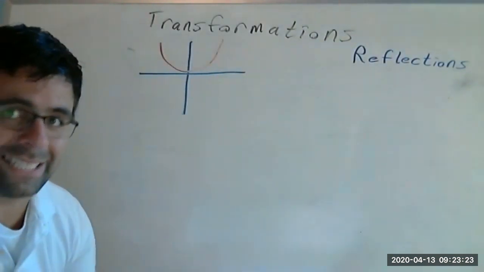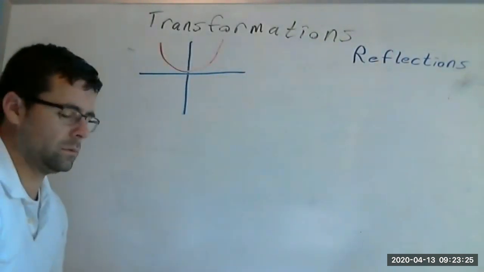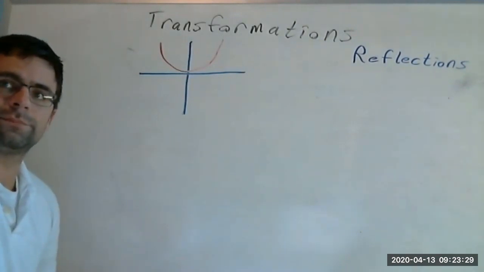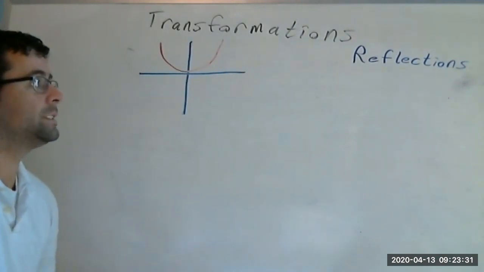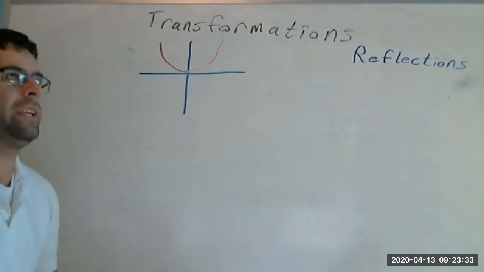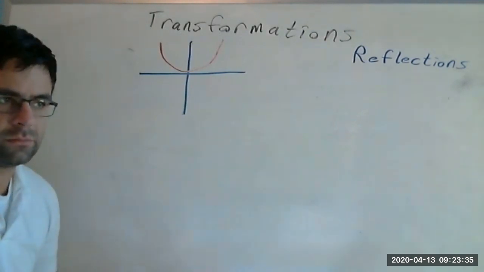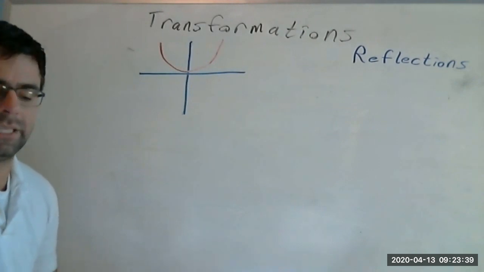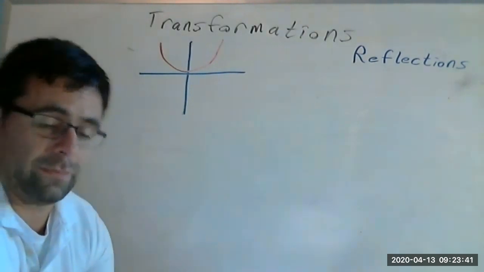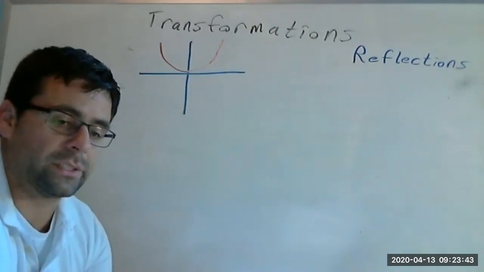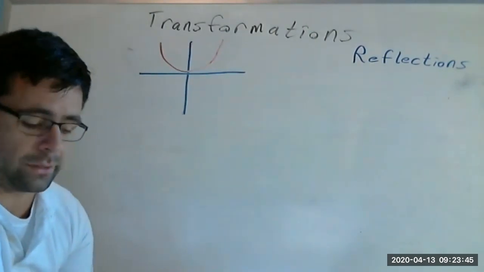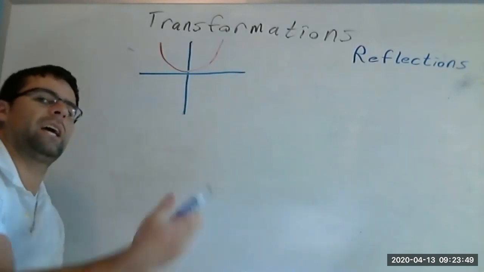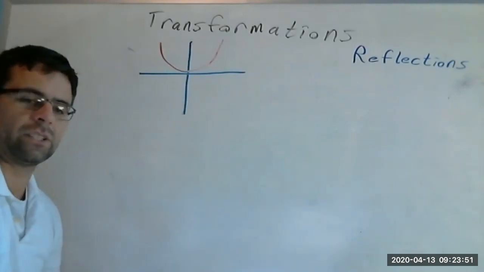One of the things that marks how a reflection works is that something is preserved in this transformation. Very basically, there is some line that acts like a mirror, and the graph looks the same on one side of that mirror as it does on the other side.